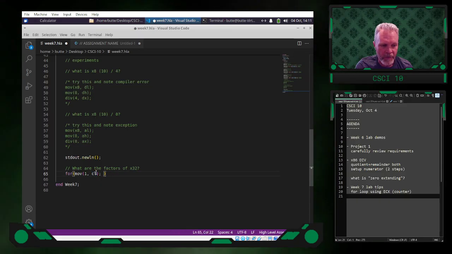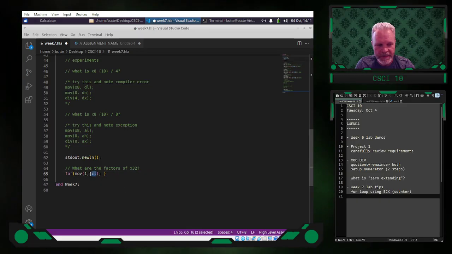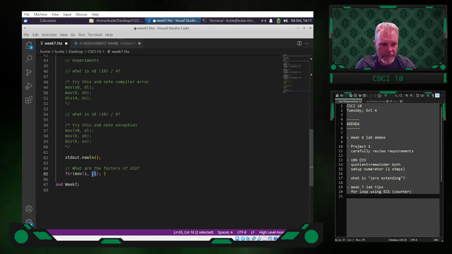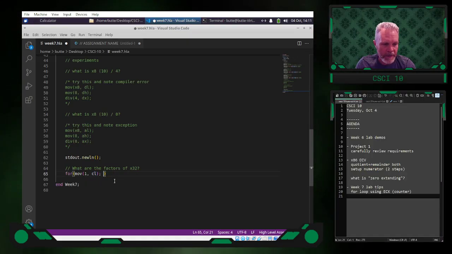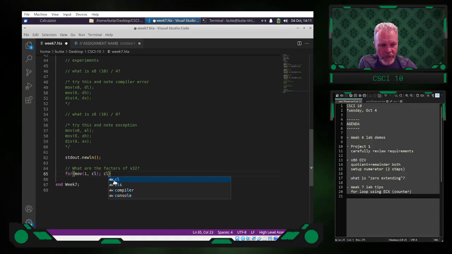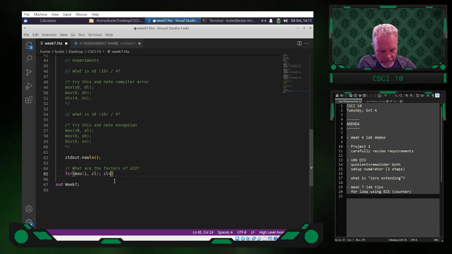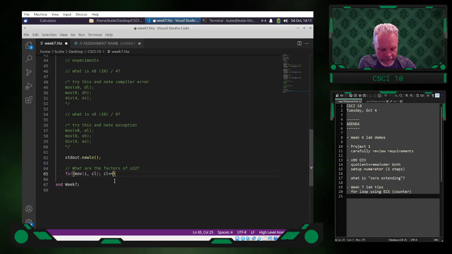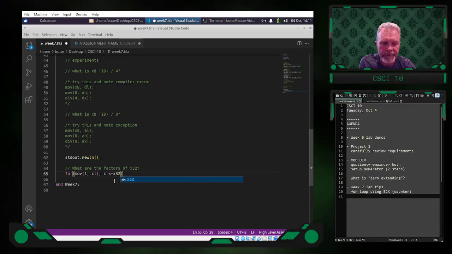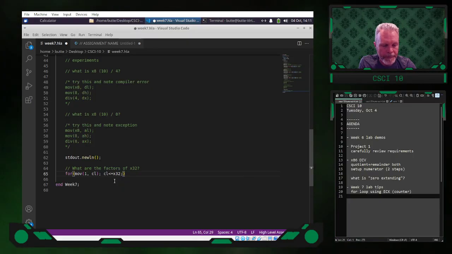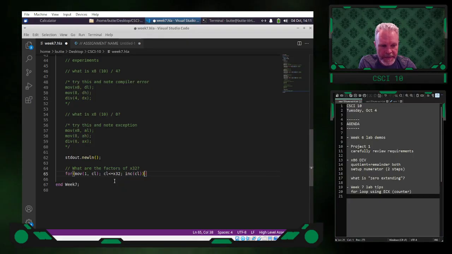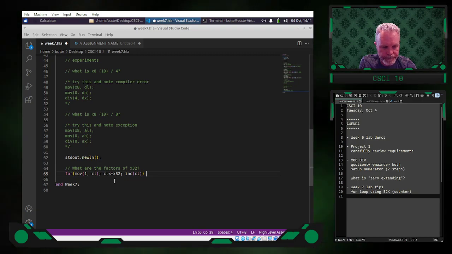So CL is our I. This is like saying int i equals 0, except we're using the register CL. We're going to take CL all the way up to, including, x32. And then we're going to increment it 1 at a time.